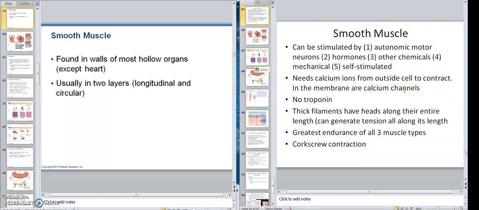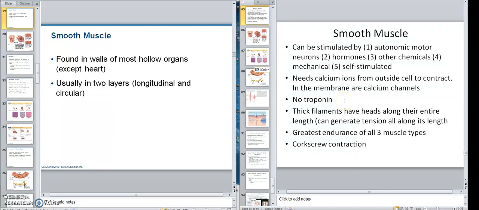I could give a calcium channel blocker for cardiac, which would weaken contraction and bring your blood pressure down. Or I could give one for smooth muscle to relax it. But I can't do that in skeletal muscle because all of the calcium is already inside the muscle cell.